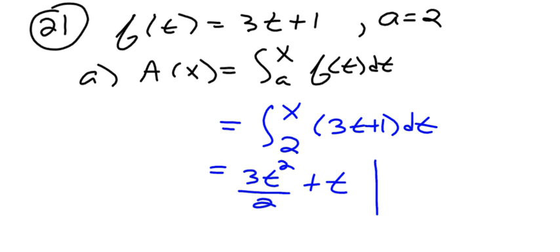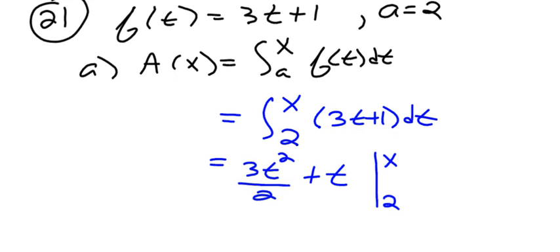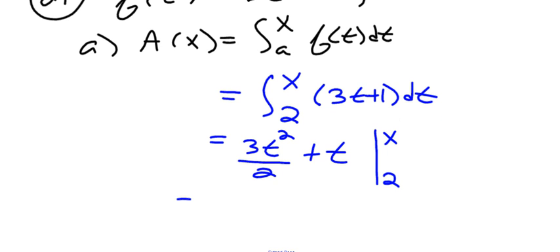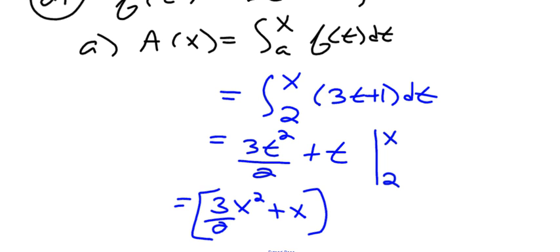I'm going to say my bounds, and use the second part of the theorem to calculate this. So I'm going to calculate f of b, the upper bound, which means inserting an x. And this is f of b, and I'm going to subtract f of a.